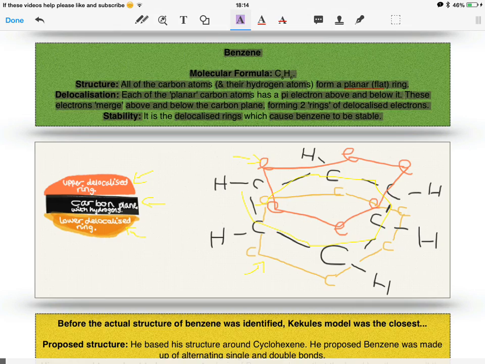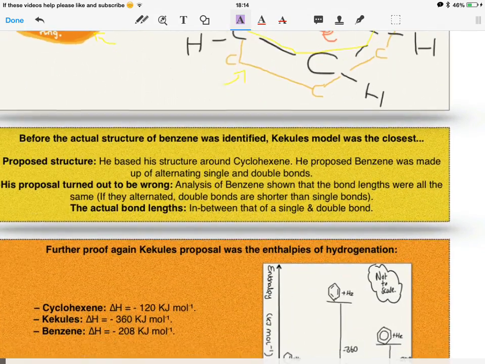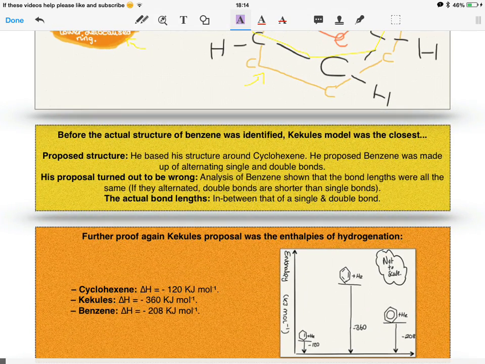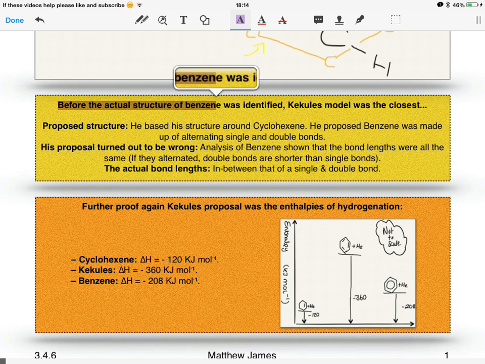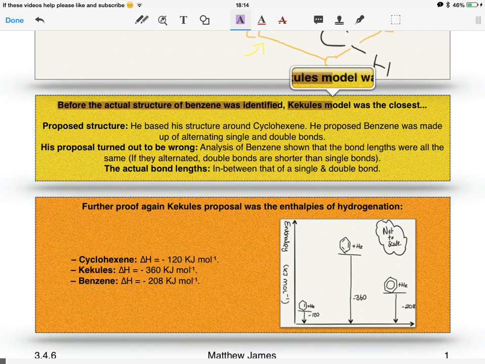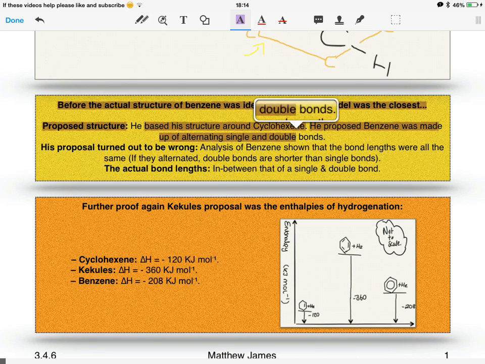Okay, so moving on from burgers. Before the actual structure of benzene was identified, we need to know about Kekulé's model, and that this was the closest model to what we know today as being benzene. So he based his proposed structure around the cyclohexene. He proposed that benzene was made up of alternating single and double bonds.